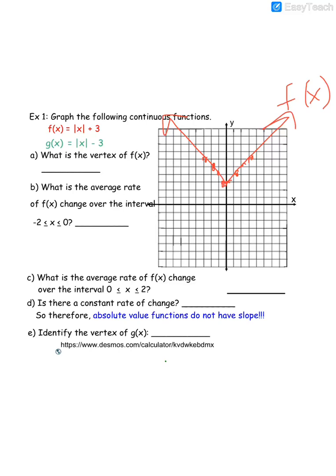Okay, and I'm going to look for my vertex. I have to scroll down a little bit to find my vertex. So my vertex is at 0, negative 3. We're going to talk a little bit more about that in a minute.